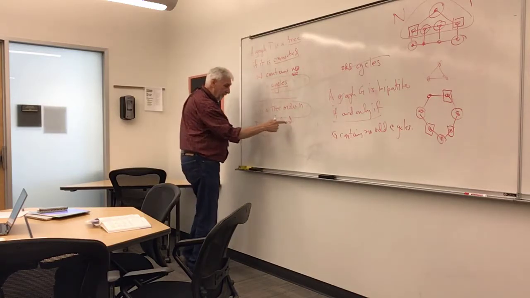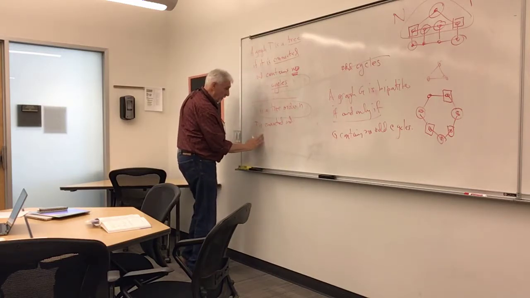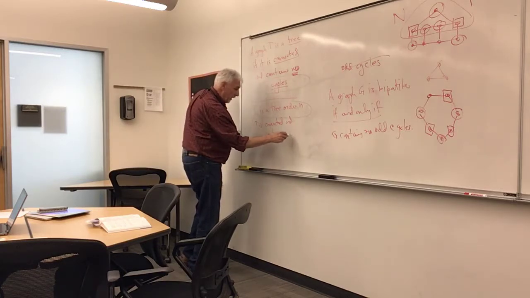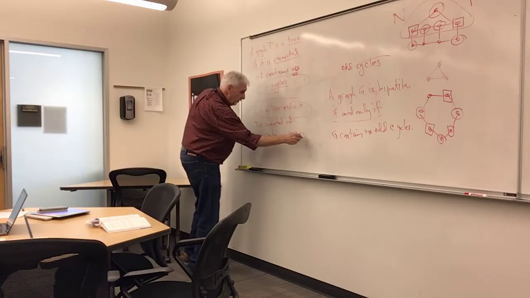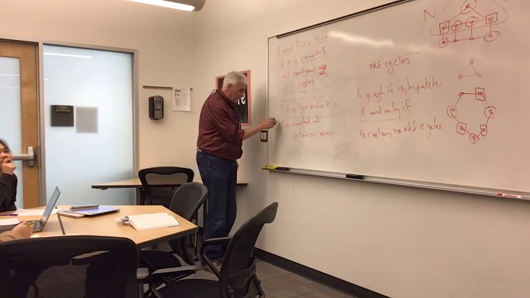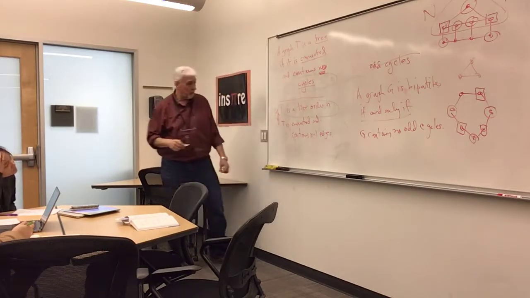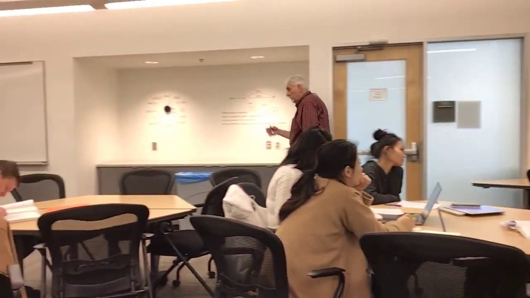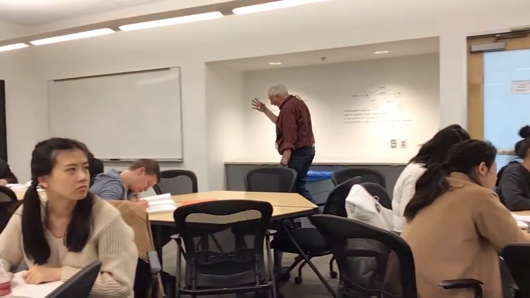T is connected and contains n minus 1 edges. So this is an if and only if statement. If T is connected and contains n minus 1 edges. I don't believe that.